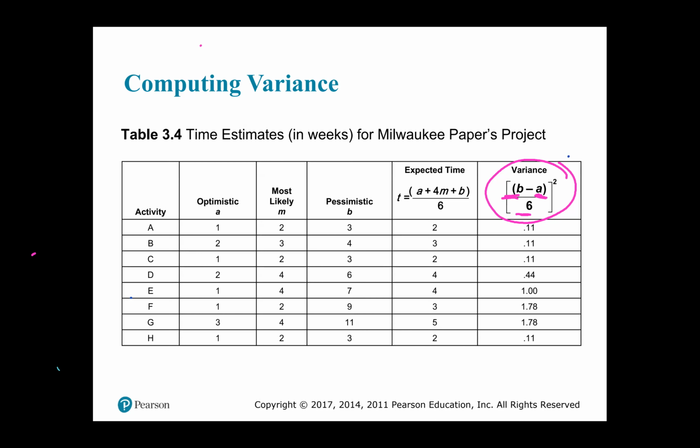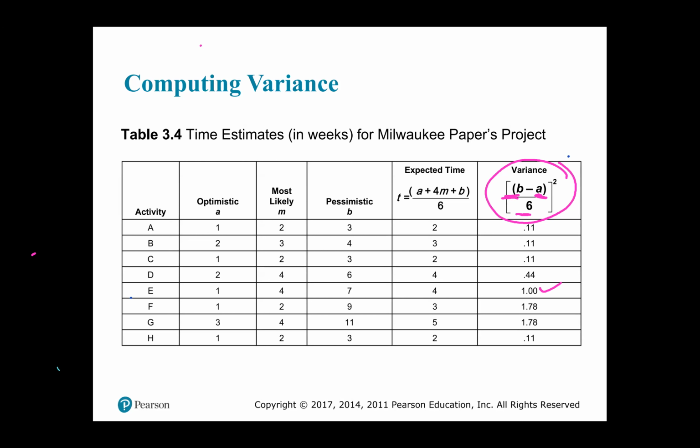So if you look at, say, activity E, it would be 7 minus 1, which would be 6, 6 divided by 6, which would be 1, 1 squared is 1. Good. And so you do the similar move for each activity on the critical path.